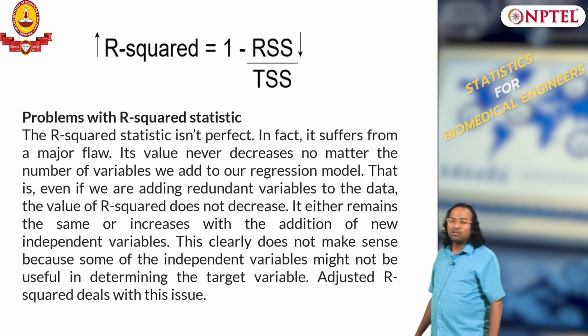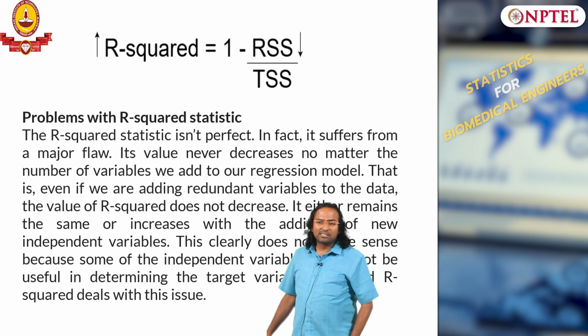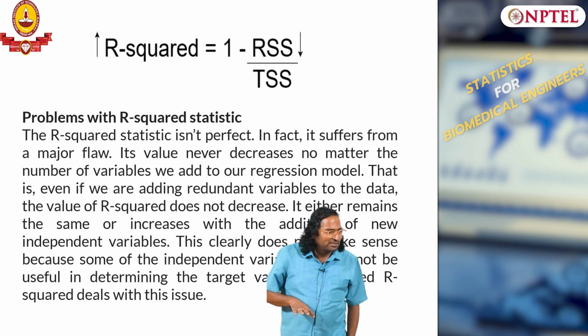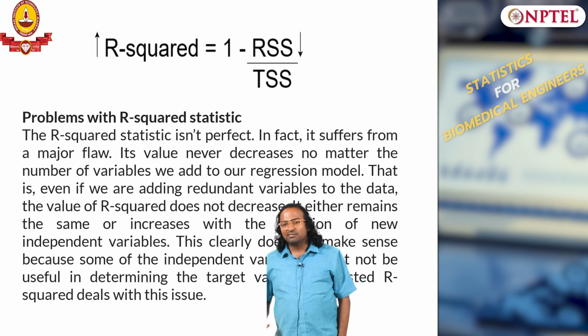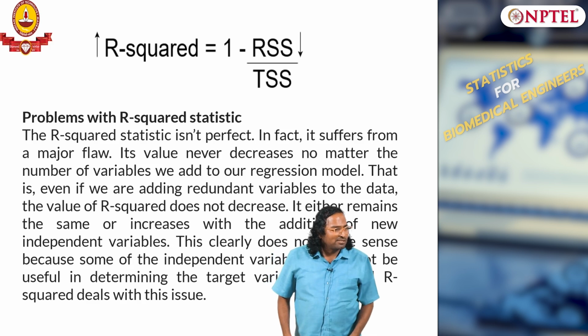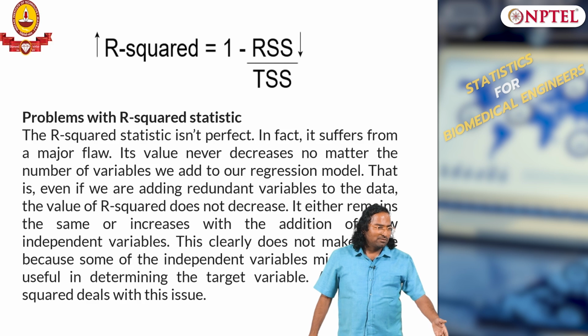There is always one flaw in R square. If you use more or fewer parameters, the R square does not tell you anything. You could have used 100 parameters to explain it, and still R square will be higher.